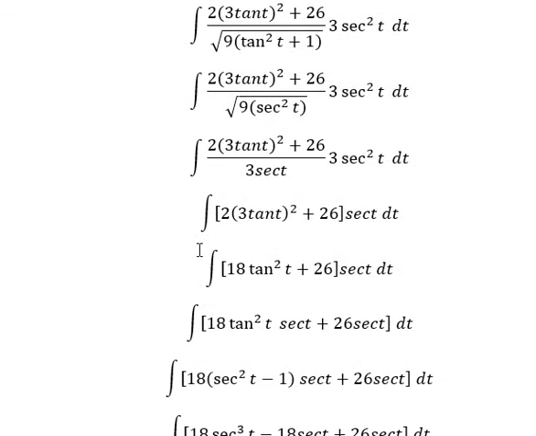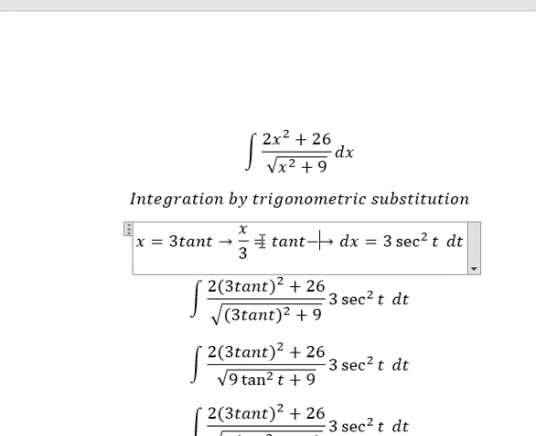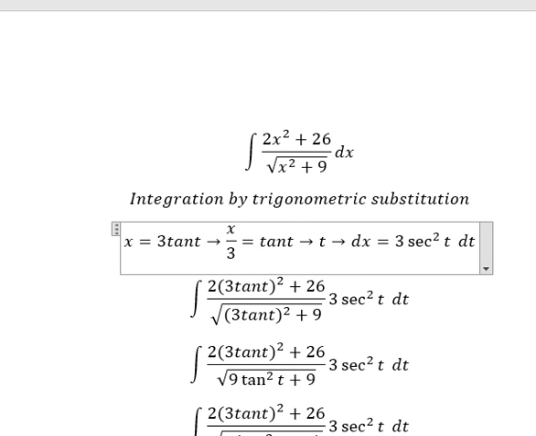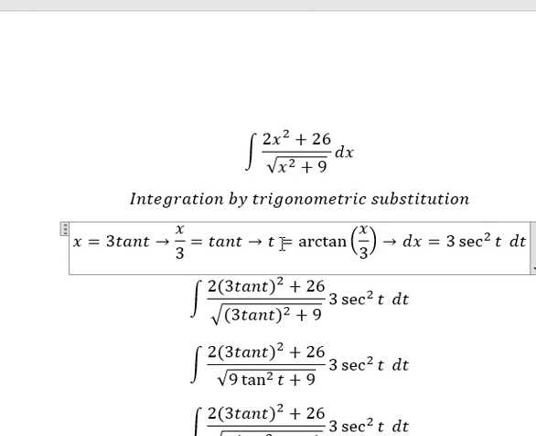About t, that is this one. So we need to divide both sides by number 3. And we get t equals arctan of s over 3. So I will put this one to change for t.